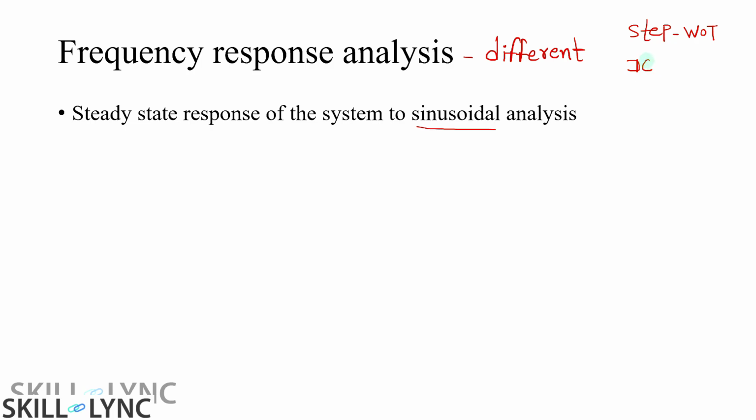Step and ramp, we can say that those are DC functions with some constant coefficient and the slope value. But now we are also going to learn about what is going to happen when we apply AC input quantities to the system.